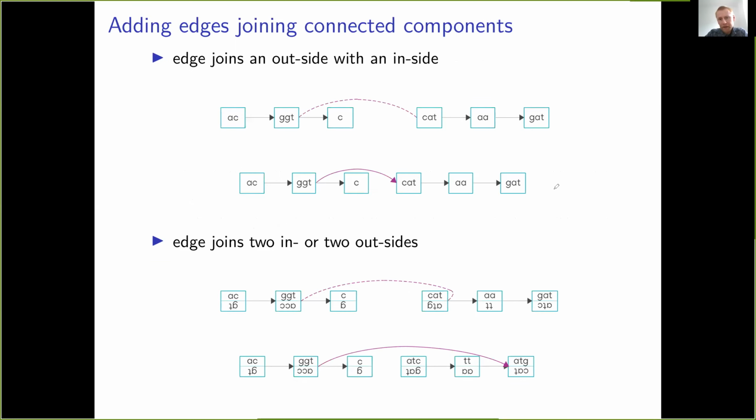And there are several cases. First, if we add the edges that join two separate connected components, there are two cases. Either our edge joins an outside of some node in one component with the inside of a node in another component.